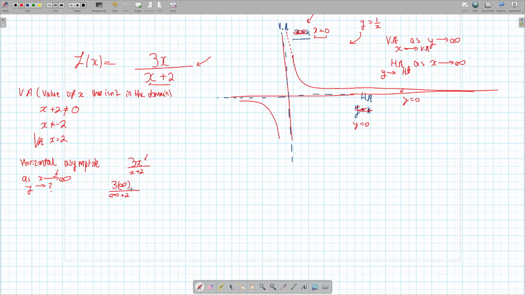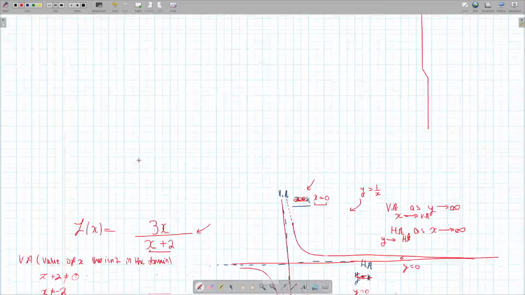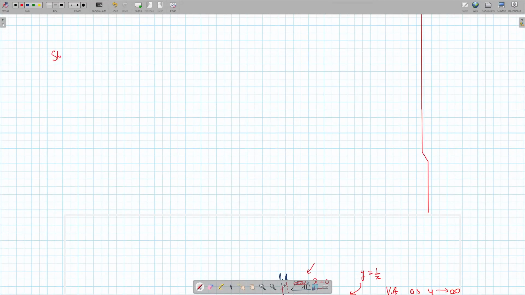This is something I should have explained a bit earlier, but whenever you're studying the behavior of any function f of x, let's say it's 3x to the power 5 plus 4x to the 4 plus 3x cubed plus 2x squared plus 9x plus 12, and I want to see as x approaches infinity, what does y approach?